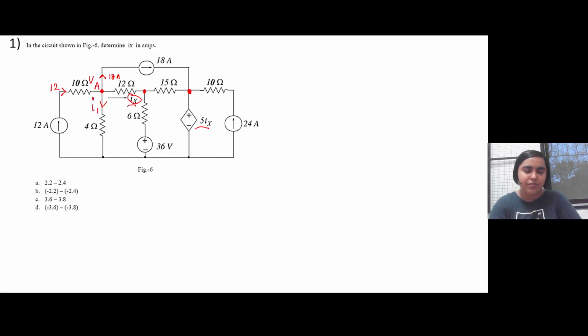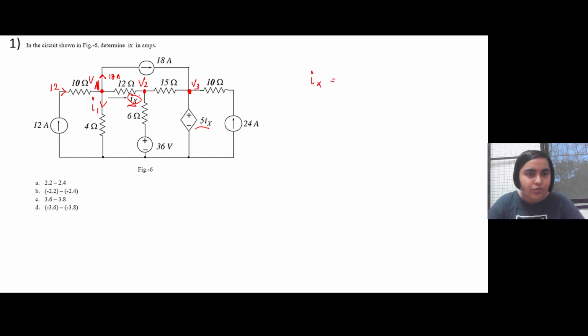Let the voltage be VA, and at node B let it be VB and VC. We can also write it as V1, V2, V3, whatever it be. Okay. So in order to find this Ix, what we need is, what will be Ix?